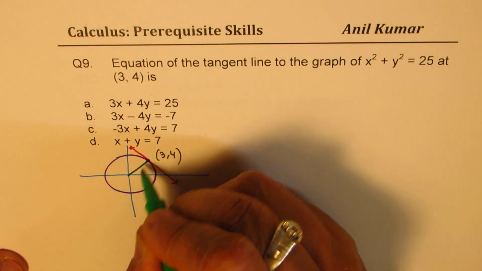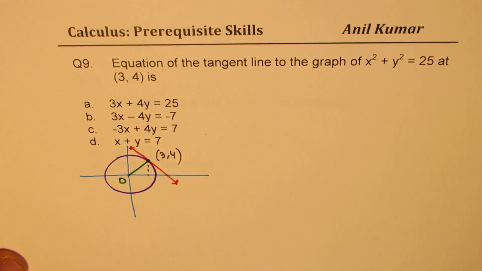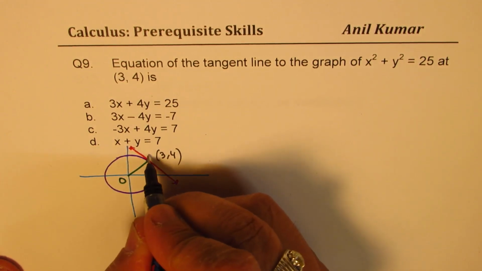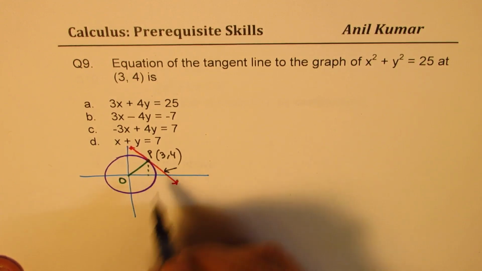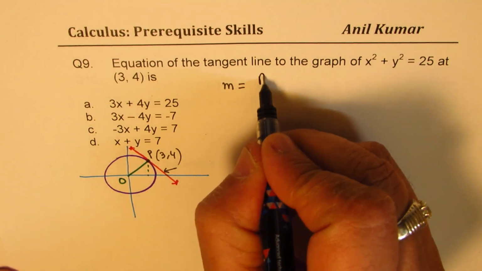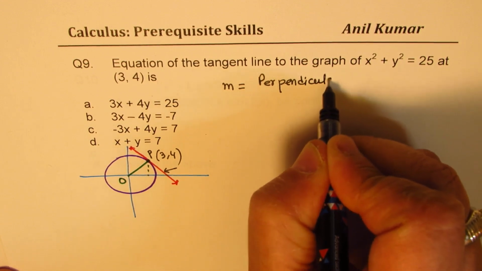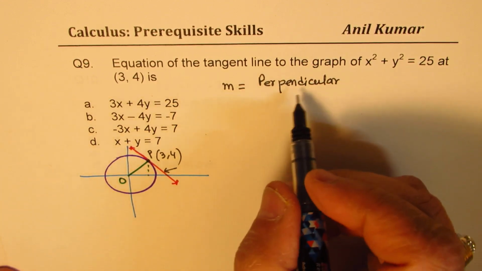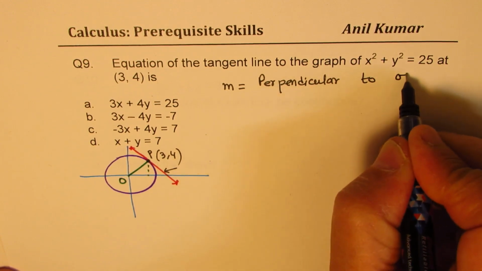So if I join this point with the origin, in that case, we know that the tangent is perpendicular to, let's call this point P. And so the slope m is basically perpendicular to OP, right?